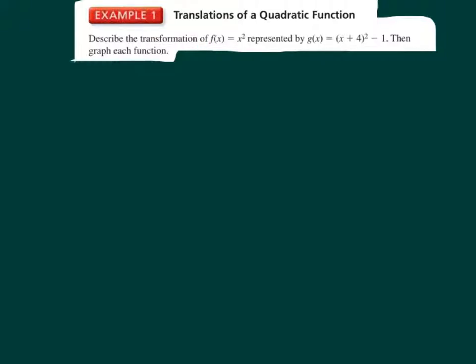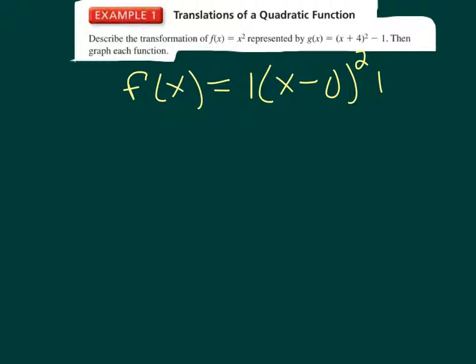You don't have to always do this, but I'm just doing it as an example to show you what really is going on. So if you think about it, we don't have a shrink, a stretch, or a reflection, so it's just 1. The a value is 1. It would be x minus, don't have any shifts, so it would be 0, squared, and you don't have any movements up or down.